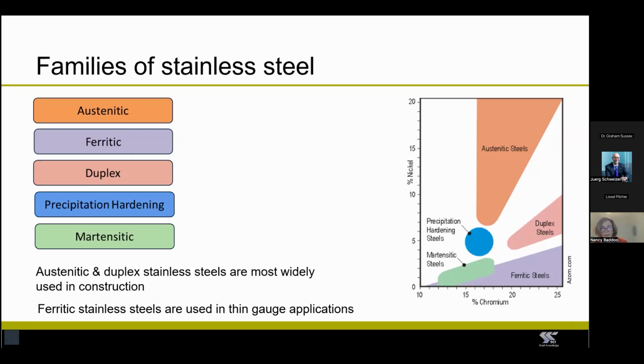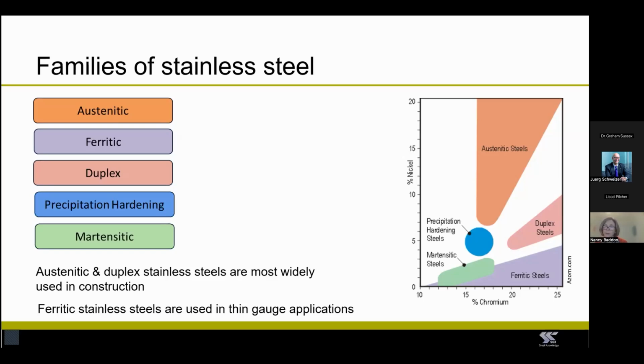The ferritic family of stainless steels are slightly less strong and ductile than the austenitic steels. They tend to be used more in thin gauge applications, and their corrosion resistance is generally inferior to the austenitics. And then the precipitation hardening stainless steels are very high strength.